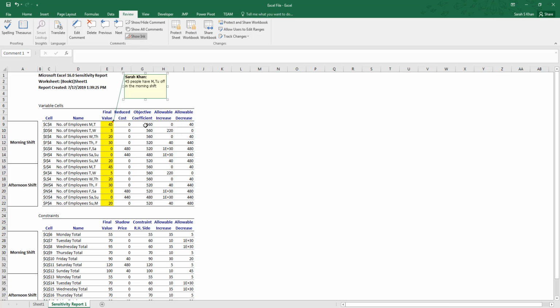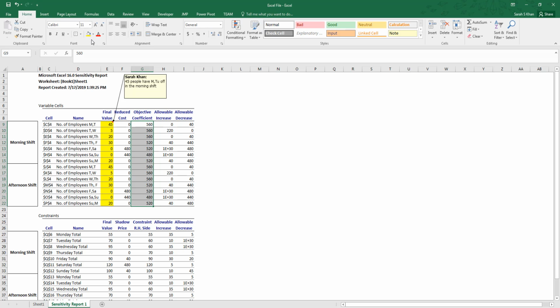Now we're going to move on to the objective coefficient. We know where that information is coming from. This is the price that we are paying to each employee, or sorry, on a per weekly basis when they come and work for us. This is a part of our objective function. We're going to color code it as green.